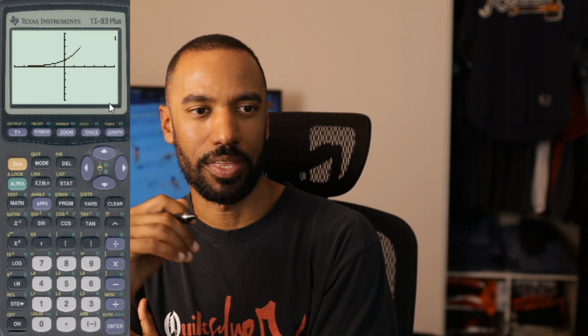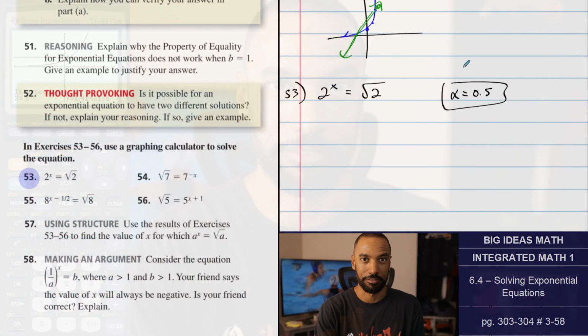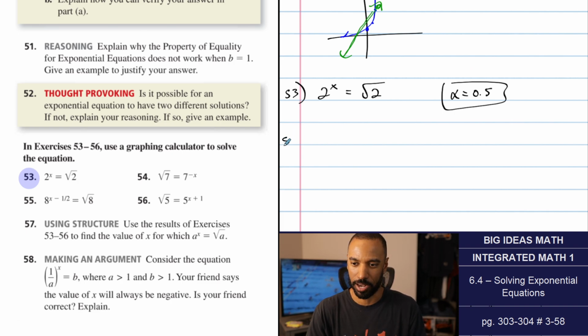You're going to see 2 to the x here and the square root of 2 there. So where are they intersecting? It's not at 1, I'll tell you that right now. We need the x value. What is it? 0.5, also known as 1/2, probably the better way to mention it.